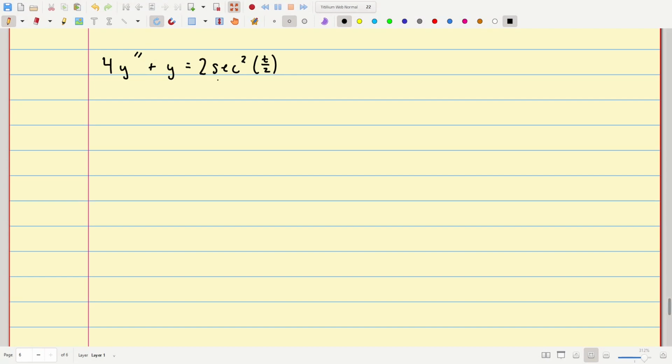Let's do an example here where we're going to be solving a problem involving variation of parameters. Just as a note, the domain restrictions that tend to show up on these kinds of problems are mostly to make sure that there isn't any weirdness going on with the integrals that come up in these problems.